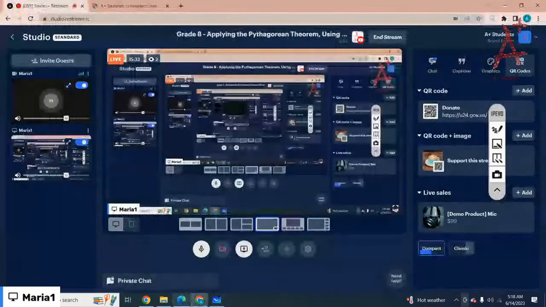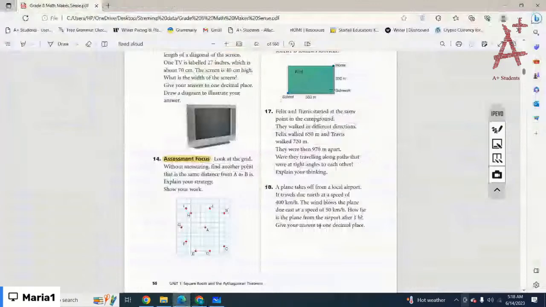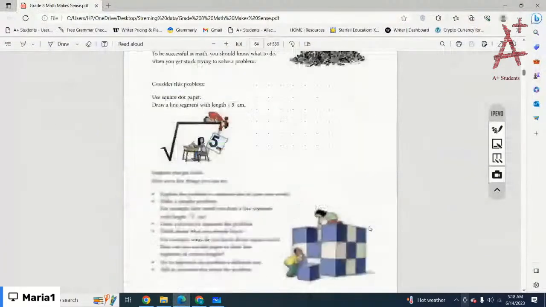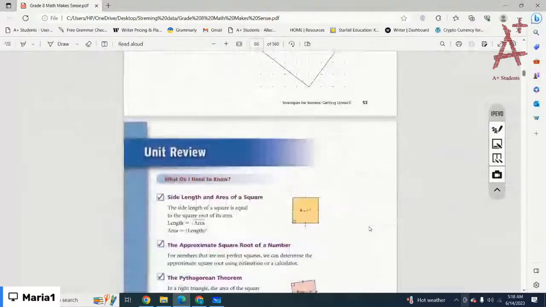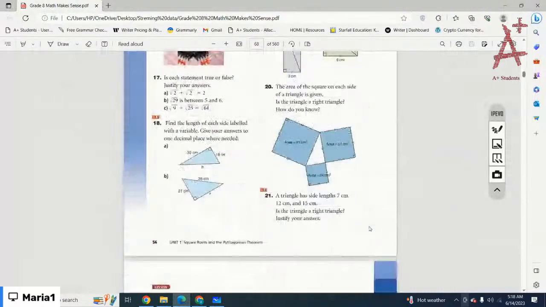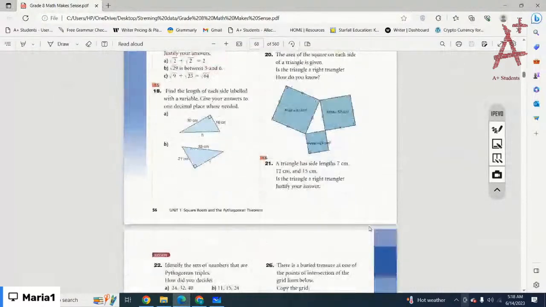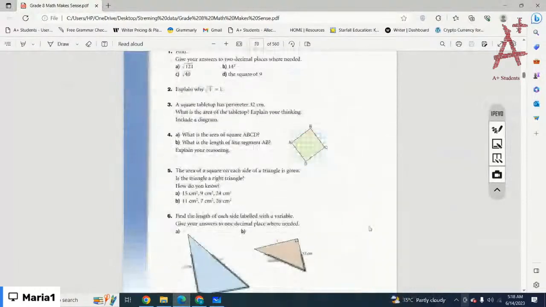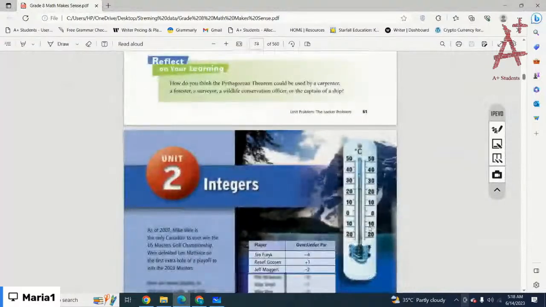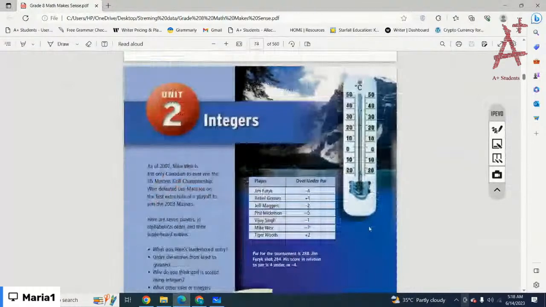You can do as many practice questions as you can. So let's just start with the chapter on integers.